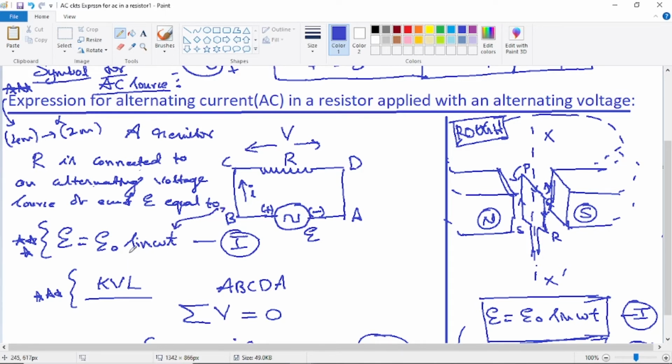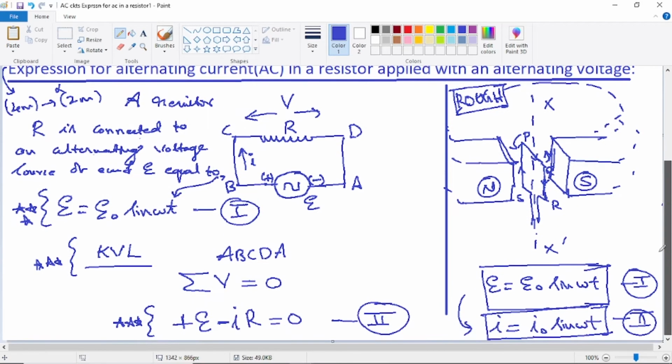Immediately the equation comes. What is the reason for this equation? It is the AC generator, which need not be written. So now just observe here.